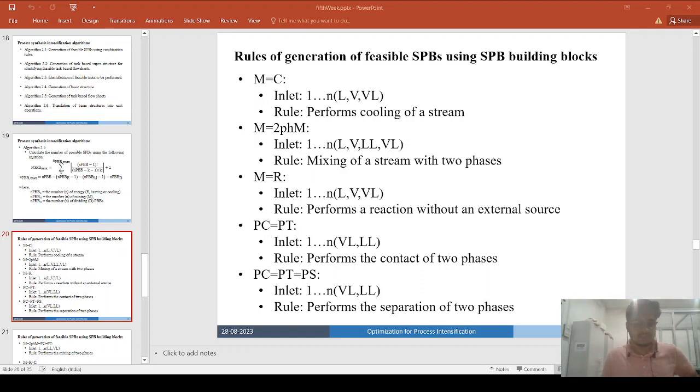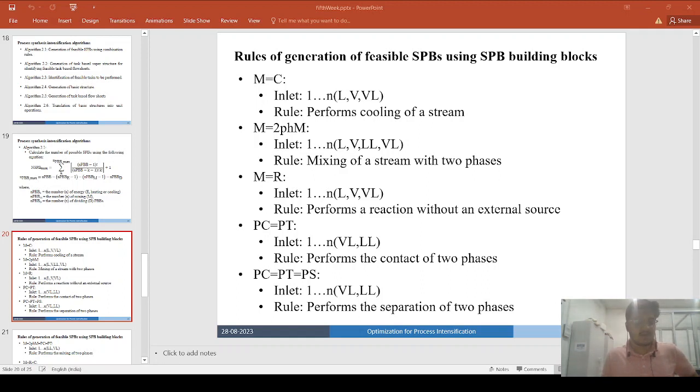Wherever the two-phase mixing happens, the rule is that mixing of a stream with two phases will happen, and there will be only one inlet for each of these cases. And wherever the mixing and reaction is happening, the rule is that it will perform the reaction without an external source. So it does not need an external source, it should happen with only one.